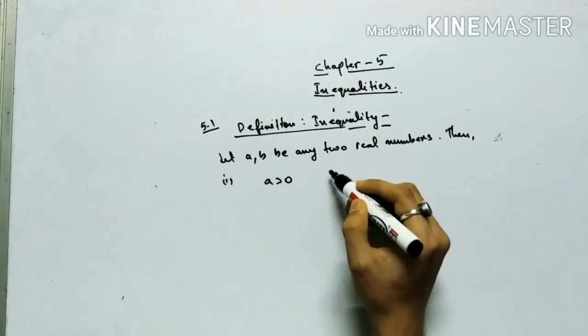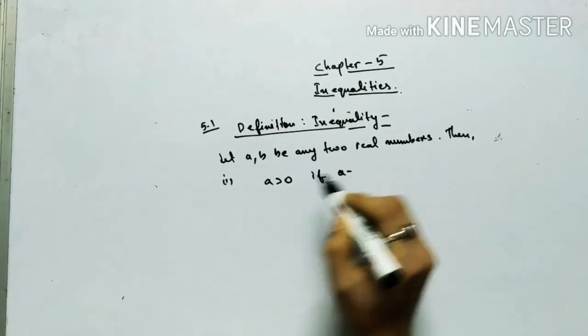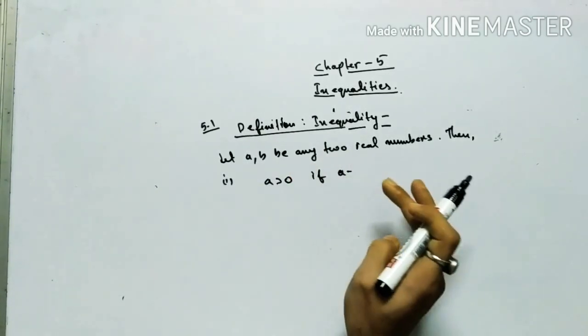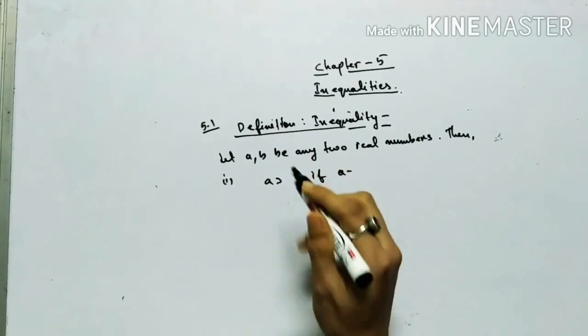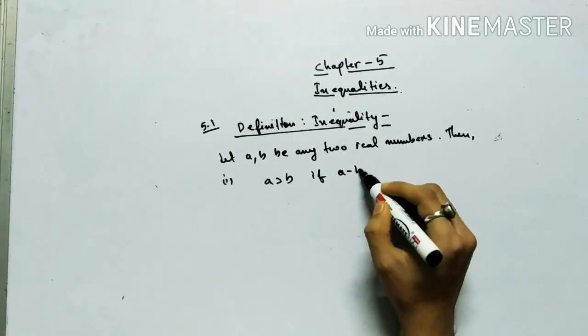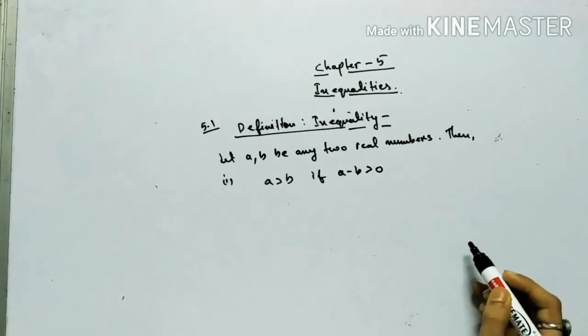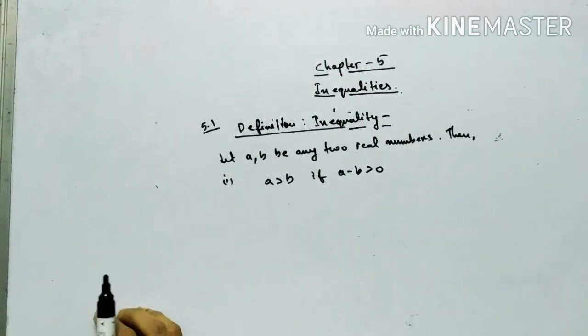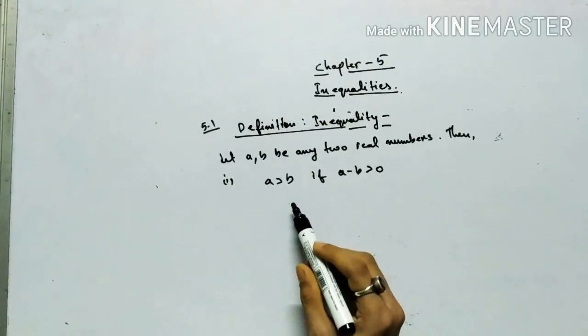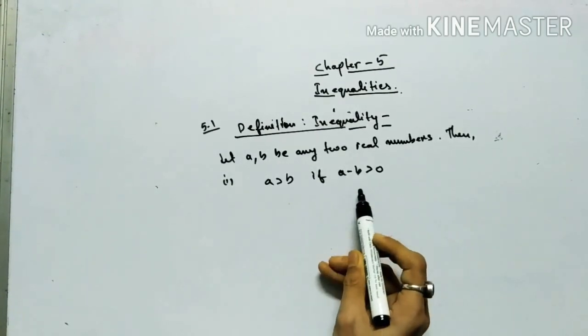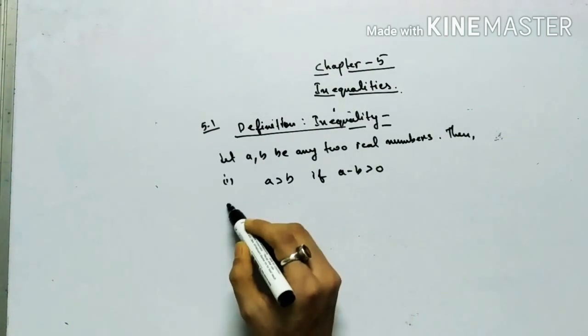A will be greater than B if A minus B is greater than 0.